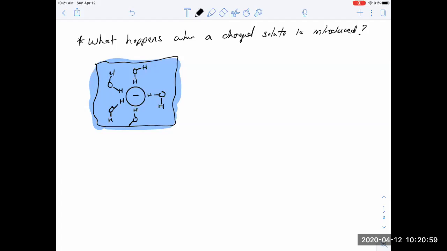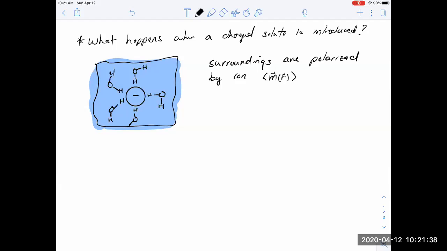From the perspective of electrostatics, what that means is that the surroundings, the solvent, become polarized. Polarization is just another way of saying that in the surrounding of the ion, there is now a non-zero dipole present.